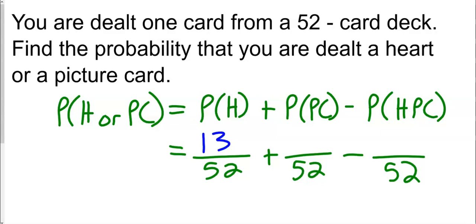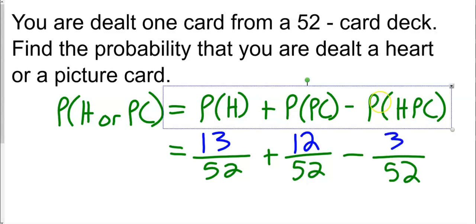How many picture cards are there? Now remember, our picture cards are Jack, Queen, and King. And every suit has those picture cards. So there are 12 picture cards total. Now, how many picture cards are hearts? There are 3. Jack of hearts, Queen of hearts, King of hearts.